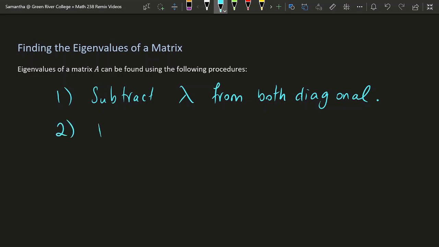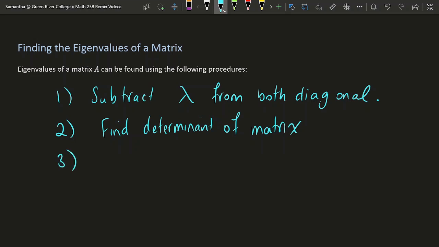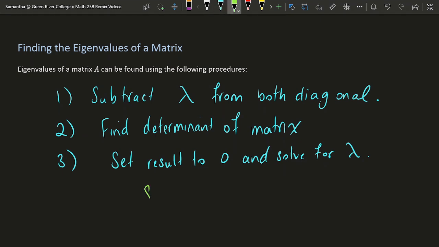Then you want to take the determinant of the result, and once you've found that determinant, set the result equal to 0 and solve for lambda. The solutions will be the eigenvalues of the matrix.